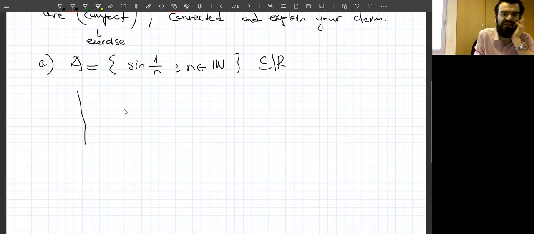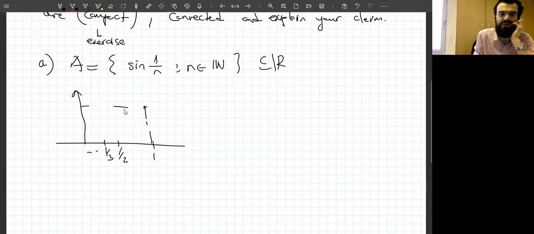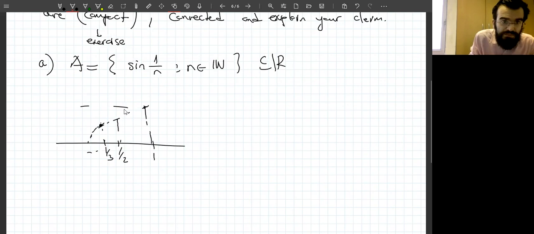This set here is 1/2, 1/3, and it goes like this. This set is excluded. We have some points here.